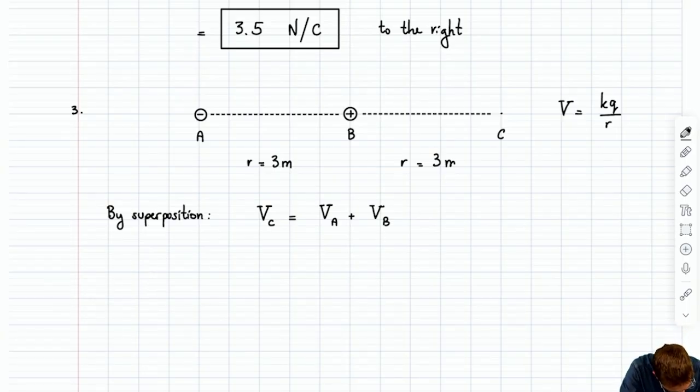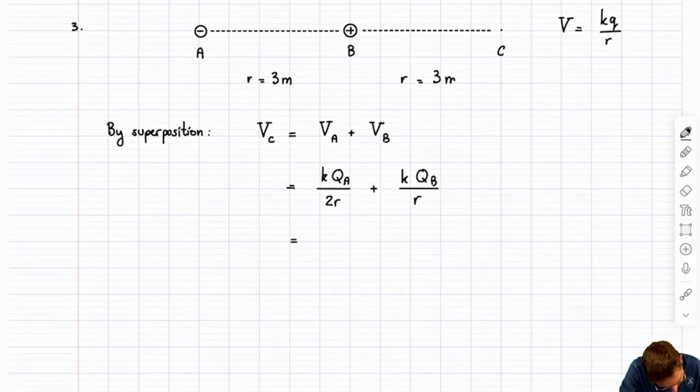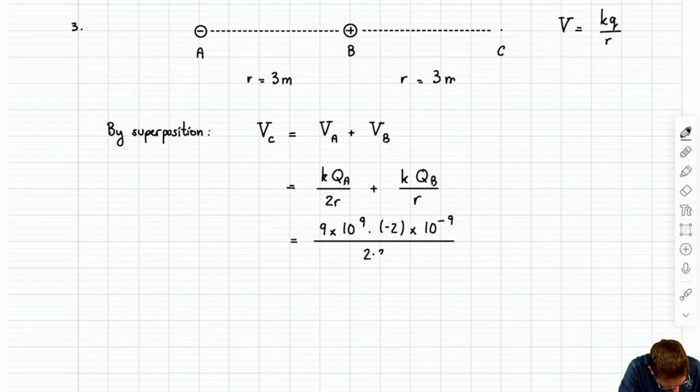So for A, if I start with that guy, it's going to be K QA, but not an absolute value, just QA, divided by 2R, because that's the distance, plus K QB divided by R. All right, so that is 9 times 10 to the 9, multiplied by minus 2 times 10 to the negative 9, divided by 2 times 3, plus 9 times 10 to the 9, multiplied by 4 times 10 to the negative 9, divided by 3.